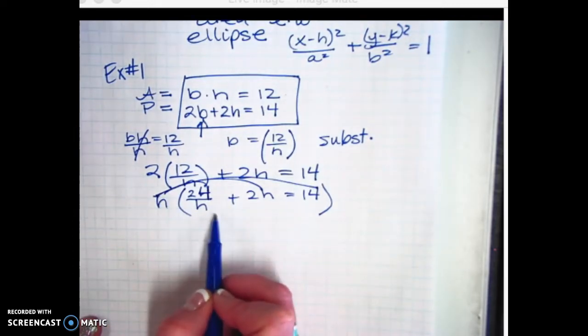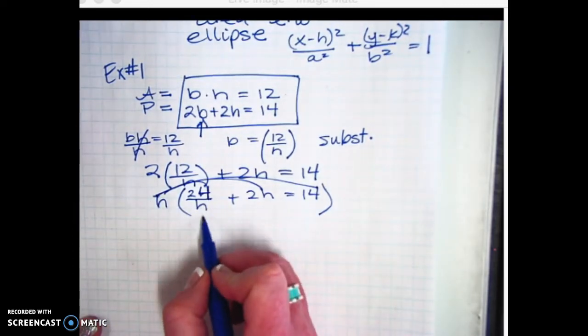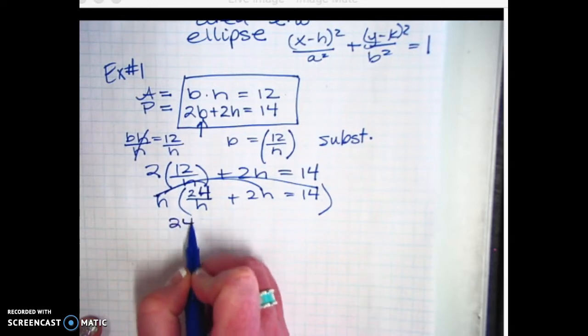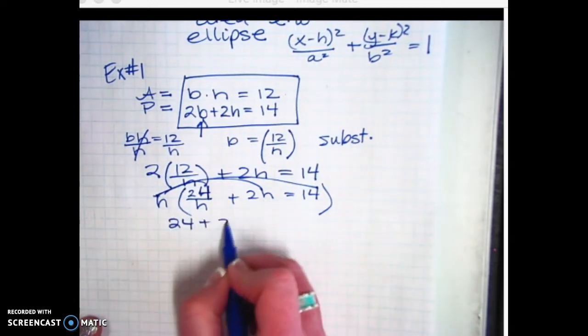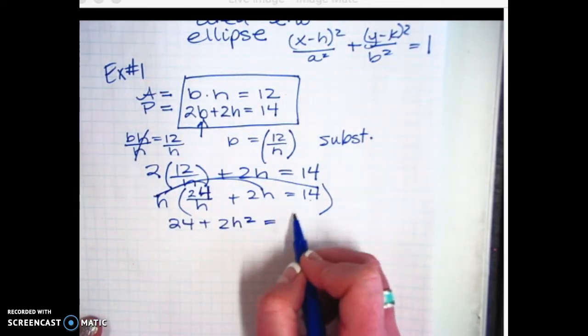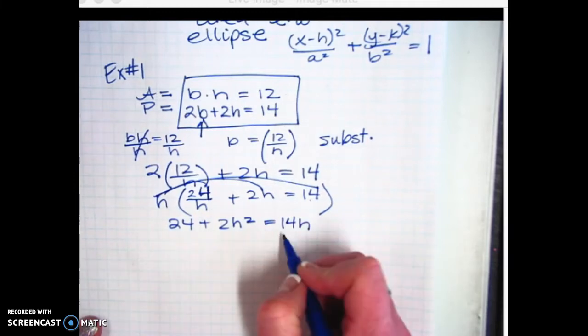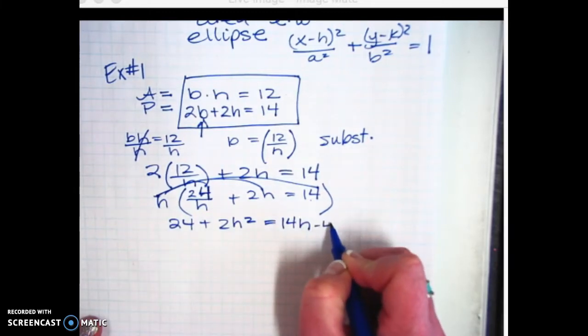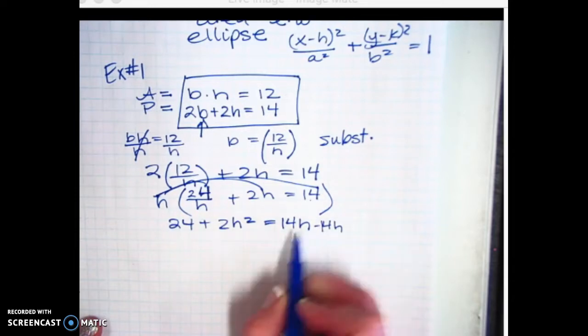So the first term, it's going to cancel and leave us with just 24. The second term, we get 2H squared. And the last term, after that equal sign, we get 14H. Now, if I subtract that 14H from both sides, I can set this equal to 0.